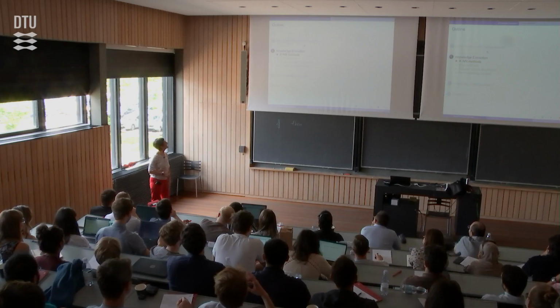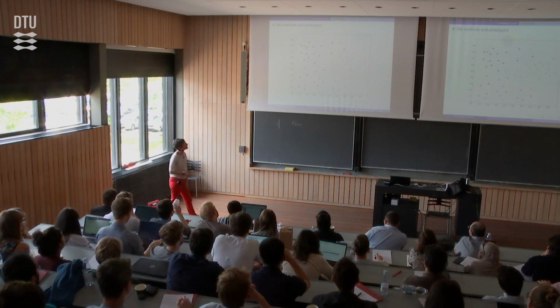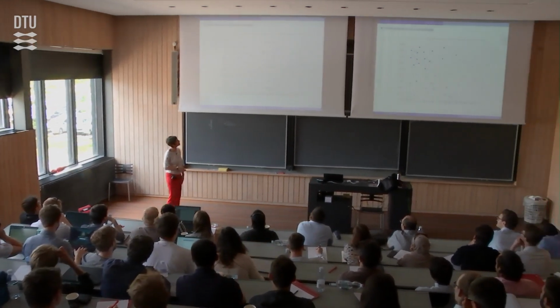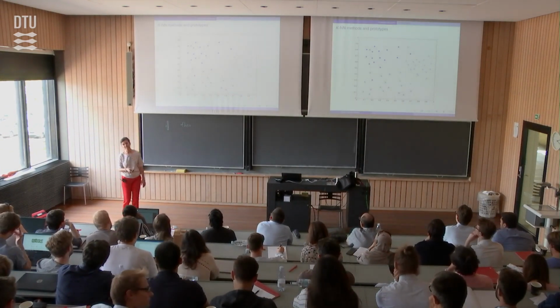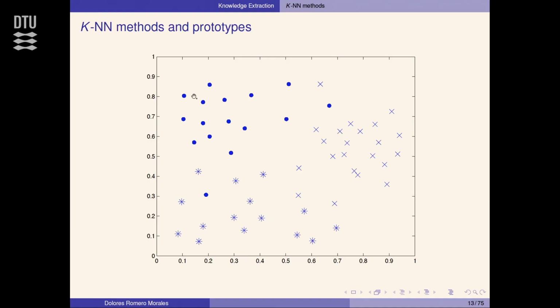Okay, nearest neighbors. I told you that I was going to talk about nearest neighbors, yeah? So nearest neighbor is having a multi-class setting. My multiple classes here are with different symbols in the visualization. And then what we do is that we try to identify prototypes of these classes.